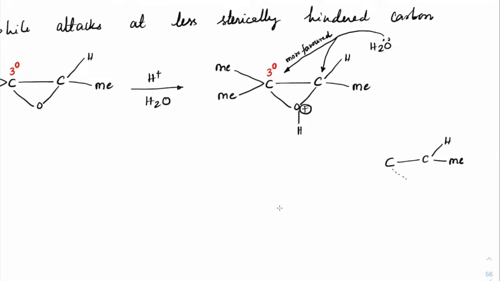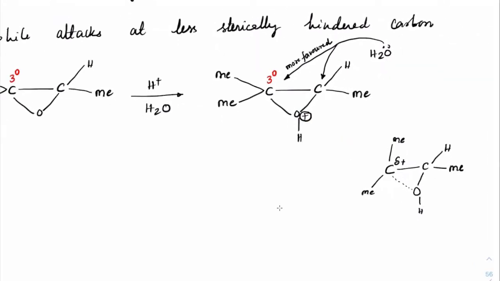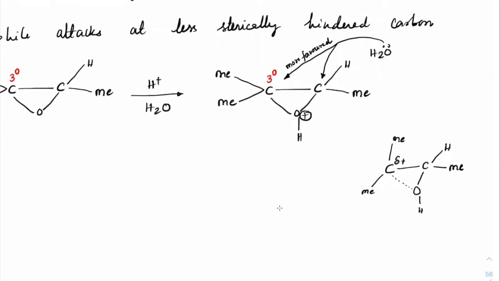This carbon-oxygen bond is almost broken, the reason being this carbon already has two methyl groups on it. Because of these two methyl groups, this carbon which gets positive charge will be sufficiently stabilized. It is almost like a tertiary carbocation existing.